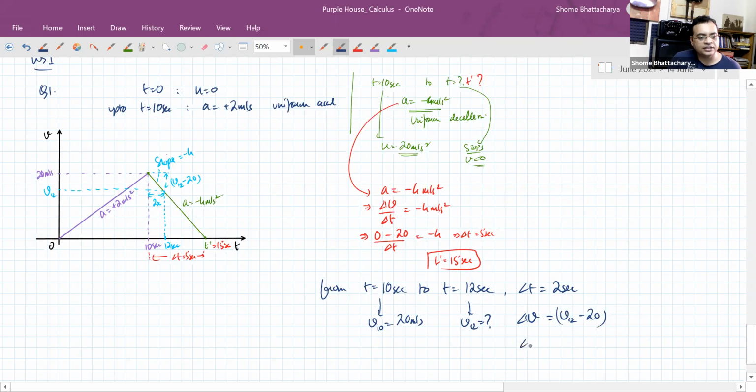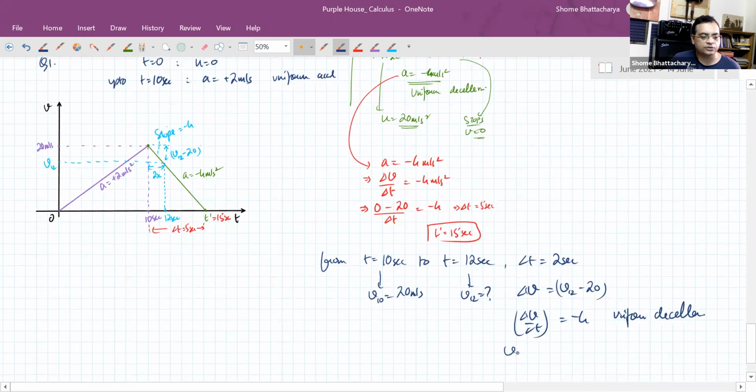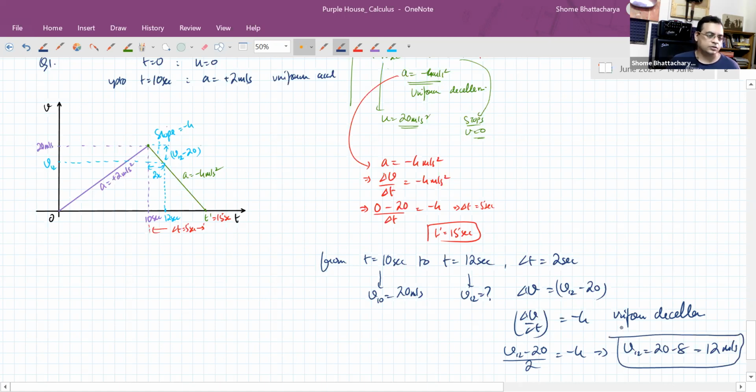But I know that delta v by delta t is the uniform rate of deceleration, which is in fact the slope. So from that we'll get V12 as 20 minus 8. So interestingly we get it as 12 meters per second. So that is the velocity at this moment.